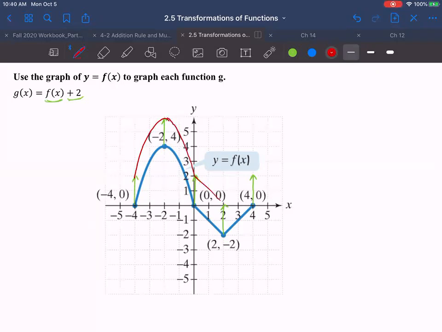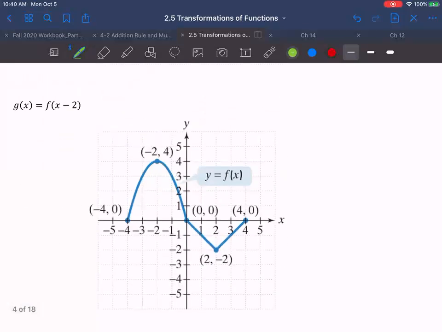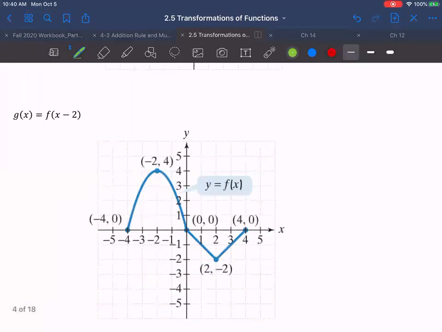And then I have this V part right here that I'm going to redraw. And then of course, I'm going to fill in, just like that. These were those key points that I moved, and I got my graph shifted up by 2, right? This was up 2, just like that. Okay, so go ahead and take a look at this one and do this one on your own here.